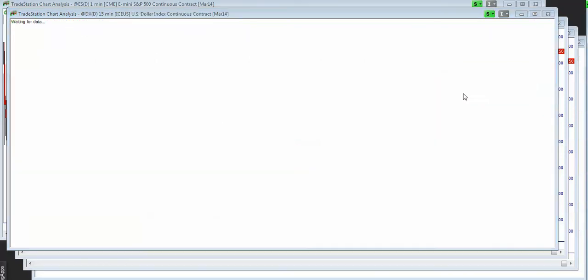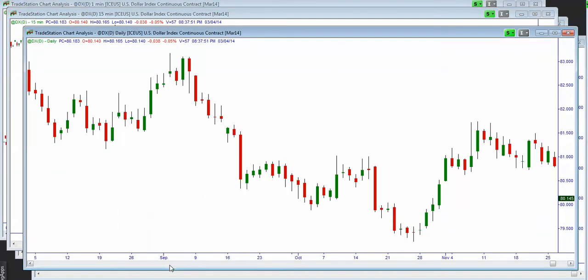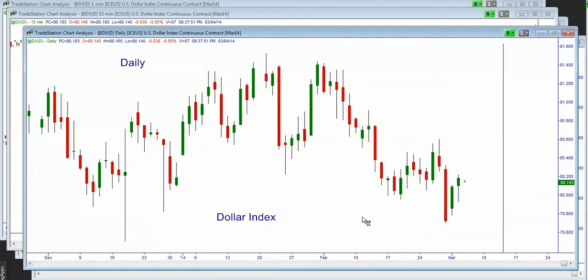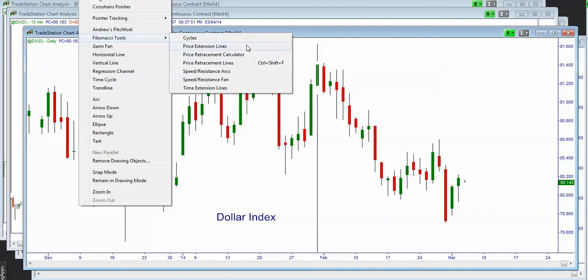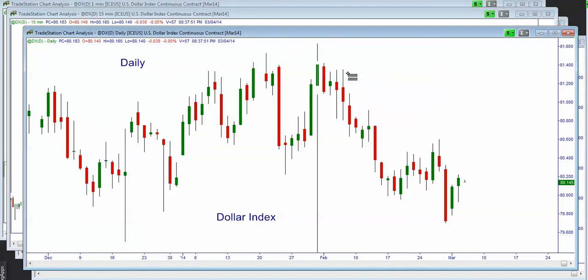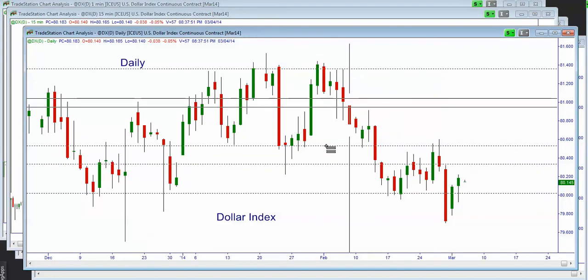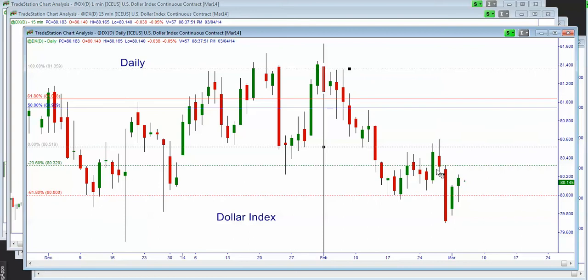Moving to the dollar index futures, I want to start from the daily here, and I will only show the daily because there's not a lot of information we can infer from this chart. This chart does not have the same volume of the dollar, and the dollar is always providing the information we need.